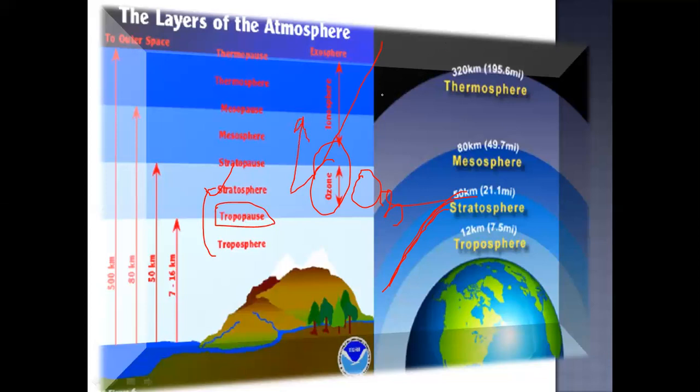Not all the ultraviolet rays or infrared rays pass through the ozone layer and come onto the surface of the earth.